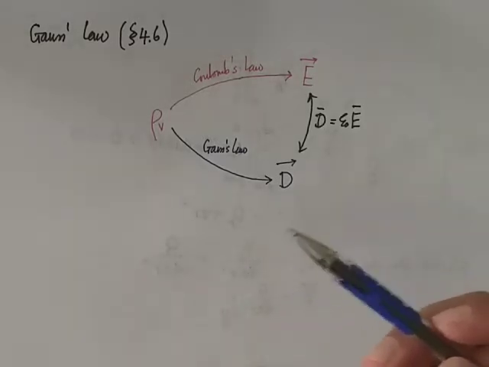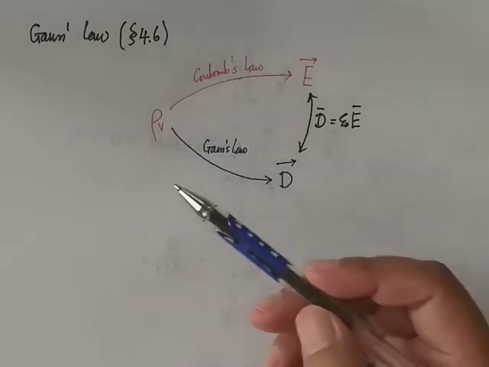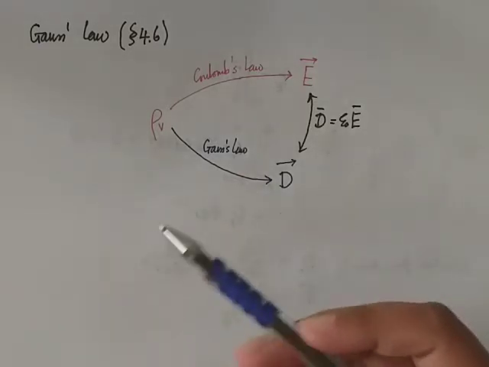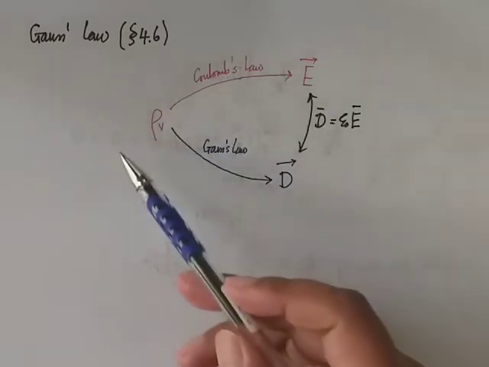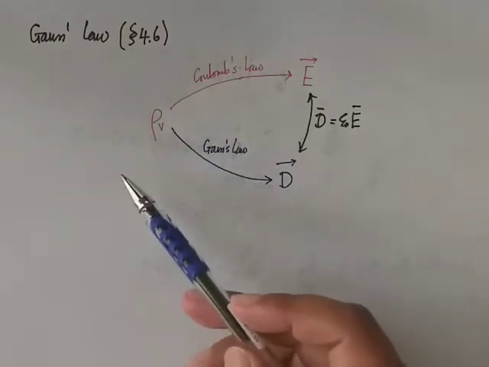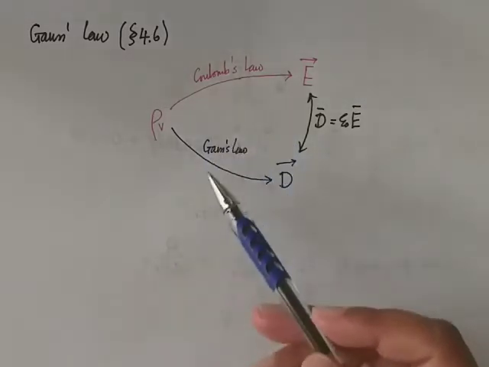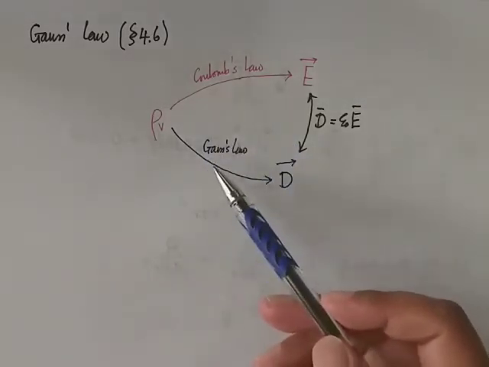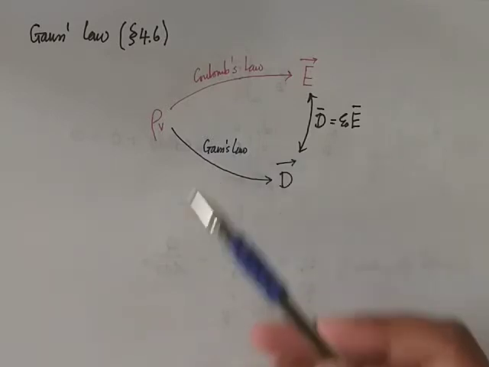Gauss's law can be used only in certain cases, whereas Coulomb's law can be used in all cases. So in any problem, you can adopt Coulomb's law as the method. But when you want to use Gauss's law, you have to remember not all situations allow it.